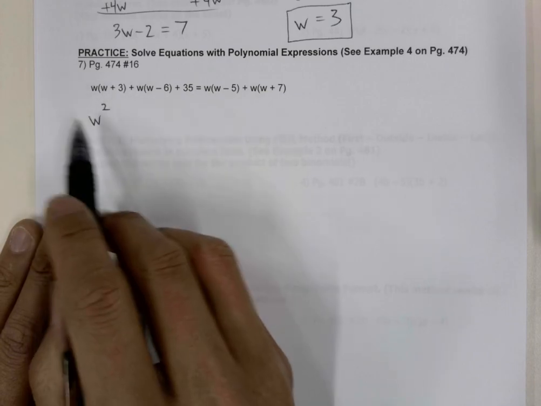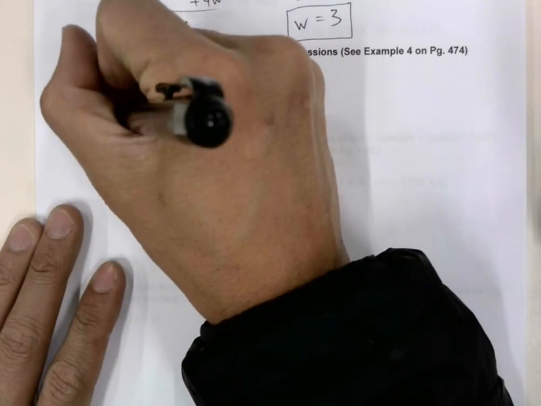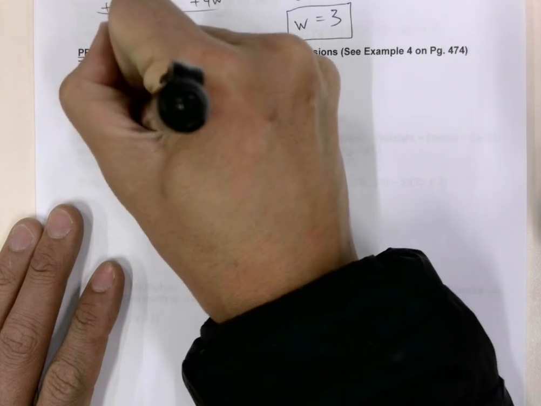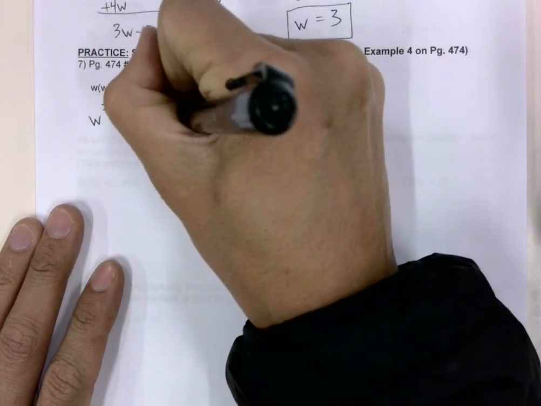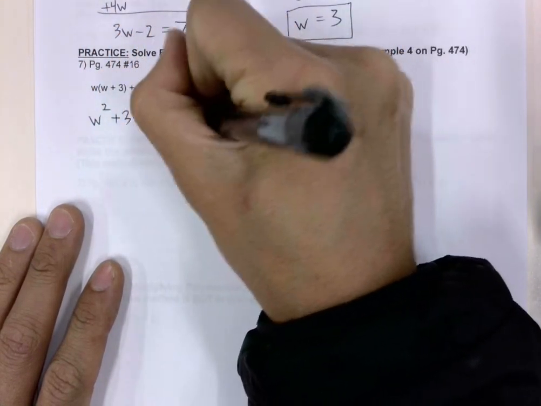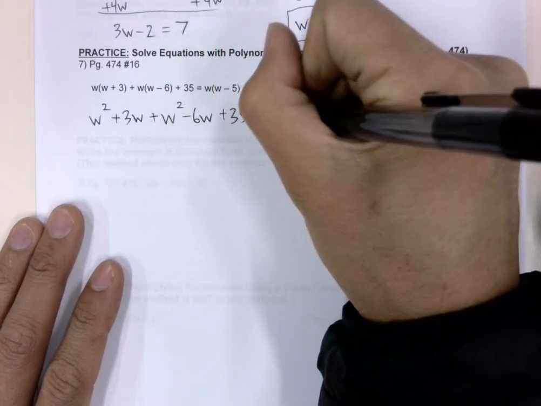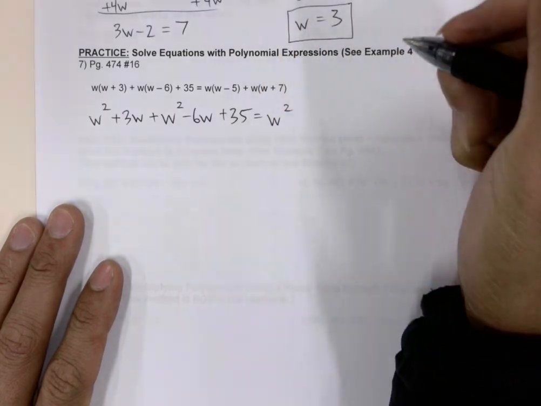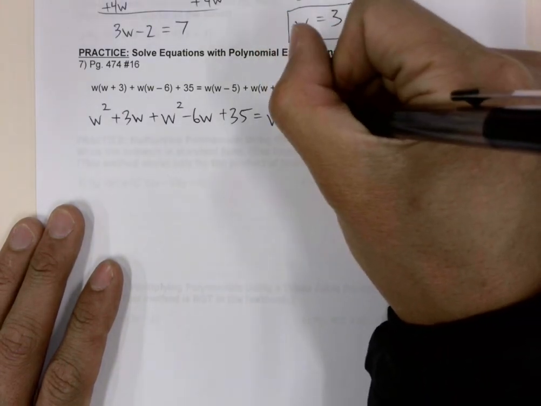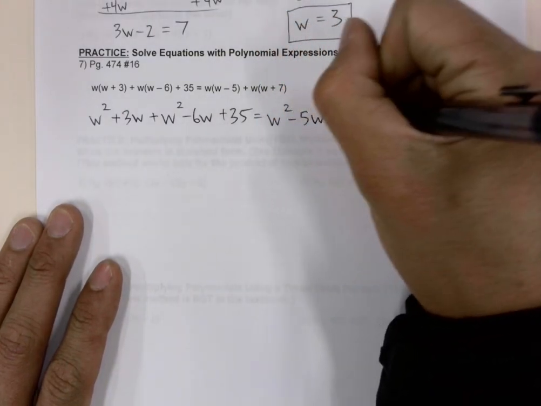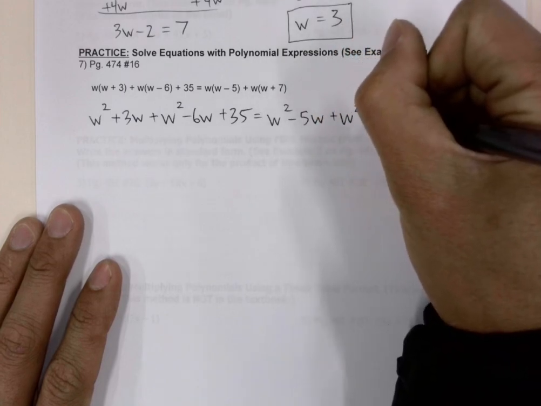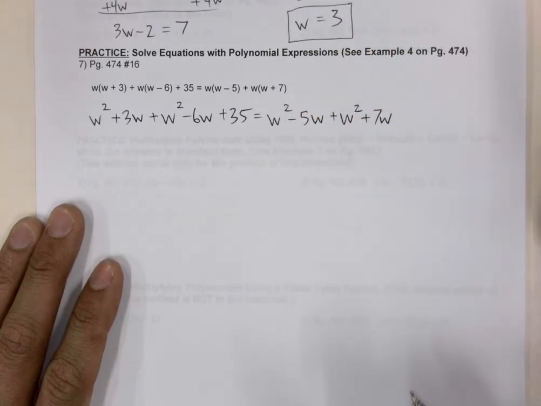So 1 plus 1 is 2. And then we have a plus 3w plus w squared minus 6w plus 35 is equal to w squared minus 5w plus w squared plus 7w.